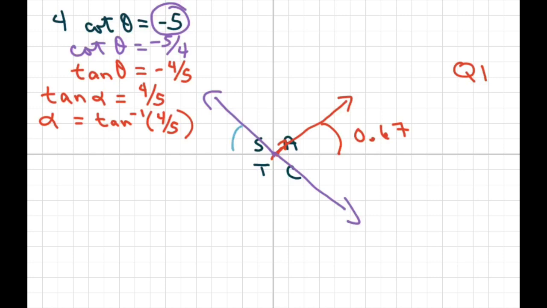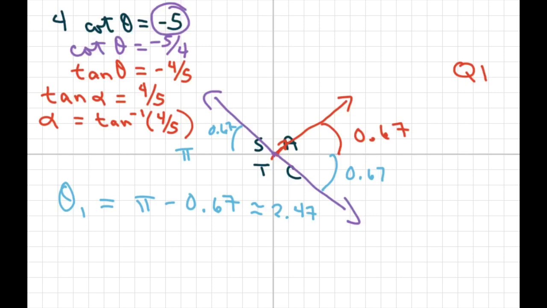We know this little bit is 0.67, and this little bit is 0.67. So we merely take our pi for our first angle and take pi minus 0.67, and that gives you approximately 2.47, and so that would be this angle here.